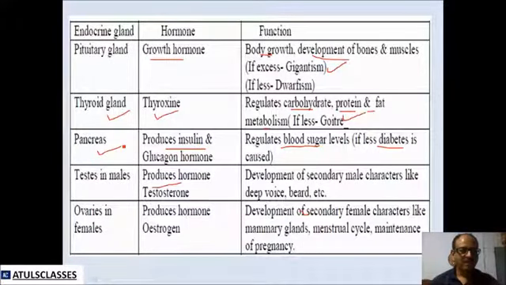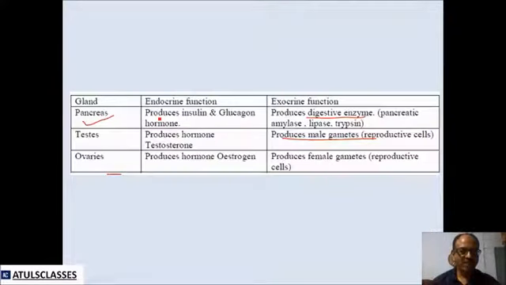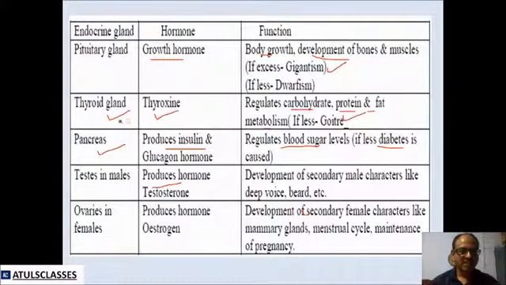One more important gland that we have not discussed here is the adrenal gland. It is also very important because it is also called the stress gland. It releases a stress hormone, adrenaline, and it prepares the body during stress.